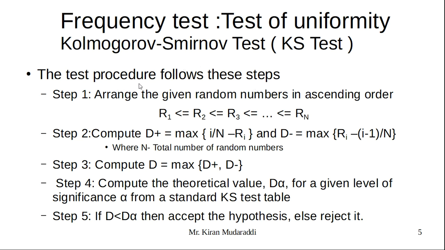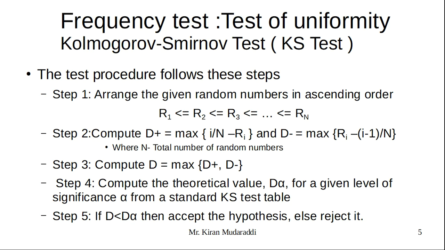The Kolmogorov-Smirnov test procedure follows these steps. Step 1 is to arrange the given random numbers in ascending order. The random numbers generated with the help of the linear congruential method or the combined linear congruential method need to be tested, to check whether they are uniformly distributed or not. To do that, we apply the following 5 steps.